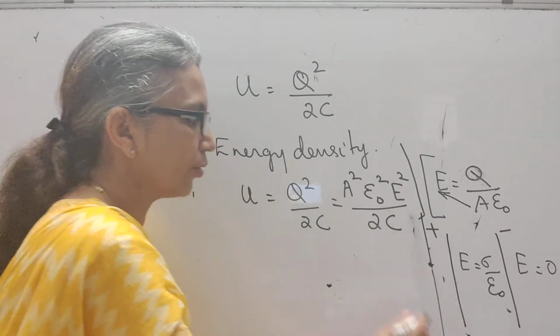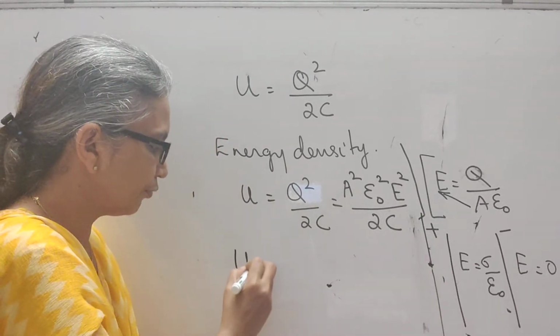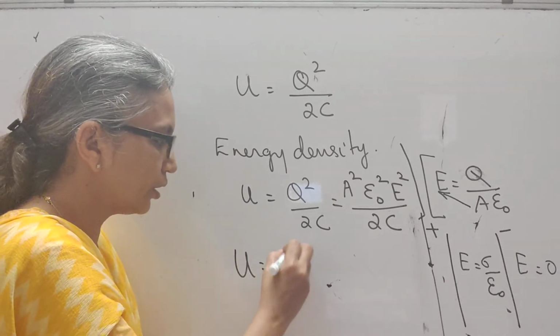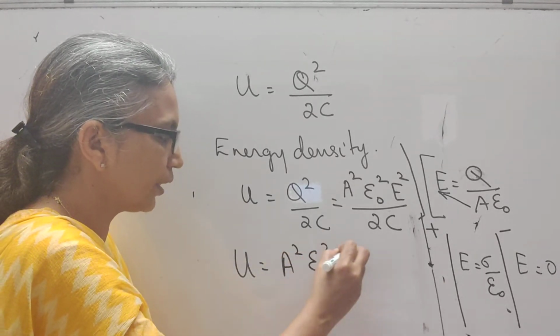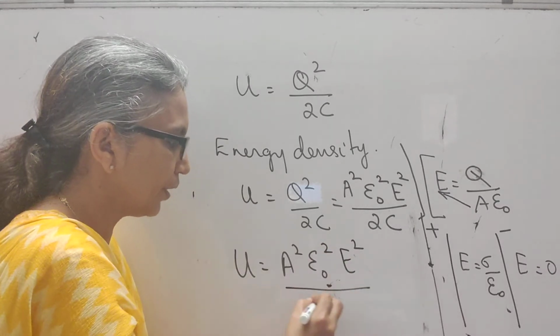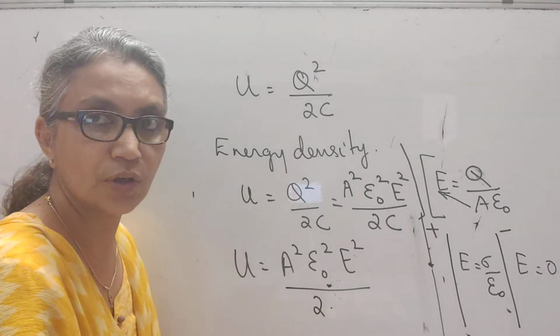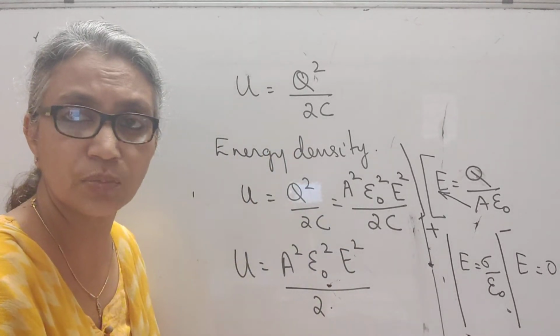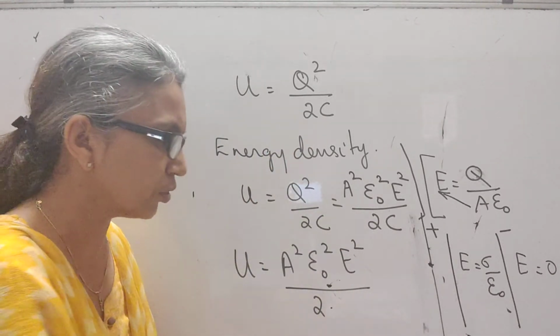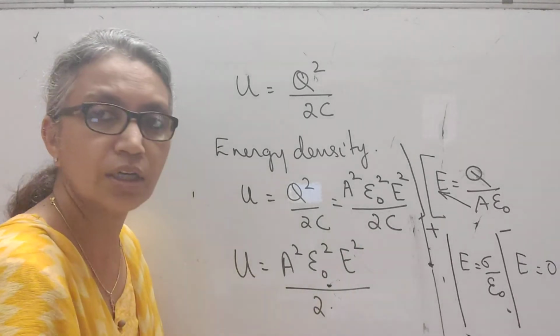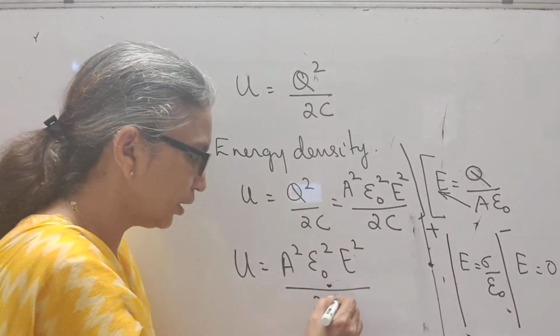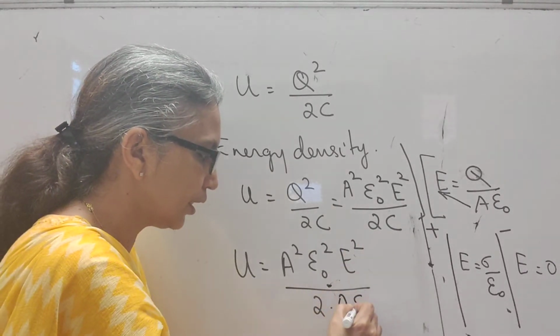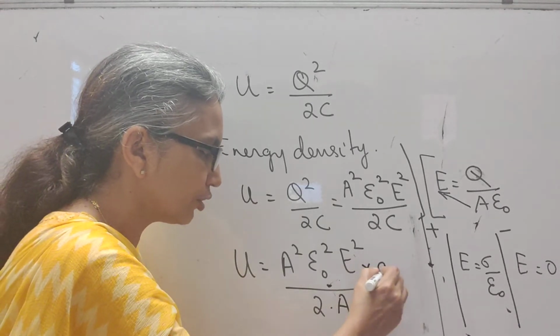Now U is therefore equal to A square epsilon 0 square E square divided by 2 into C. We already know C, or C naught. Here we are dealing with a capacitor with air or vacuum between the plates, so we are actually talking about C naught, which is A epsilon 0 by D. So I'll substitute for C as A epsilon 0 by D, which will go on top.